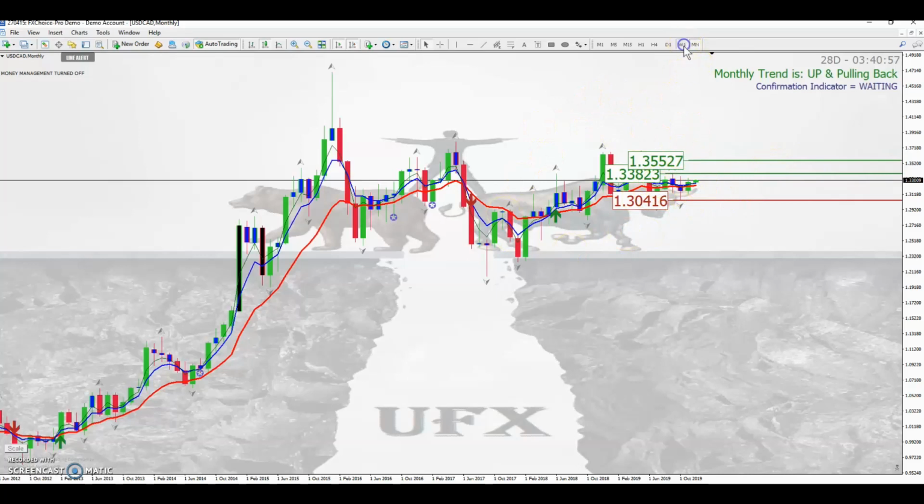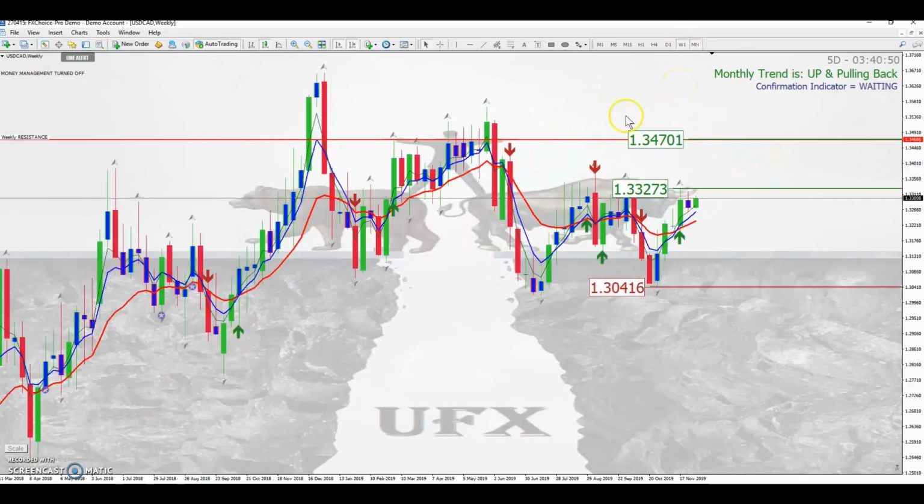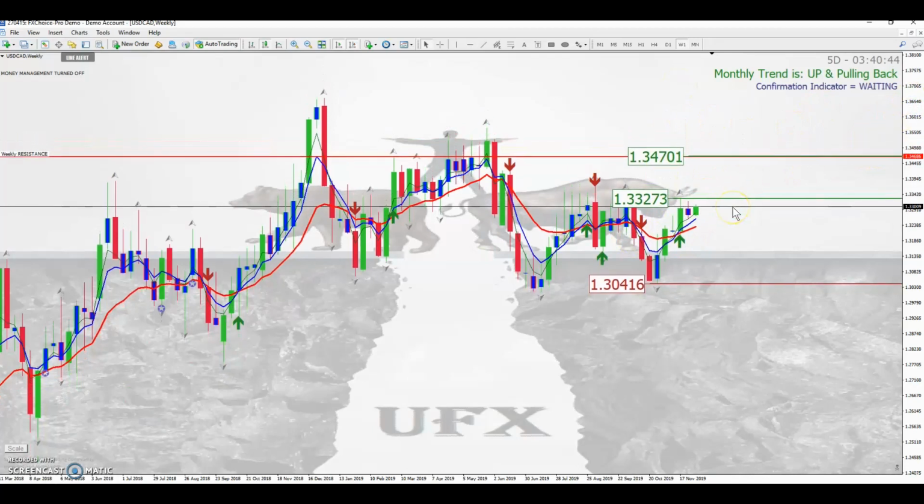However, we go further down to the weekly, and we can now see that the EMAs are pointing to the upside. It's clearly visible here. So we're going to look to see where we can get an optimal entry for going long on the USD CAD. Obviously, this is a terrible risk reward here.